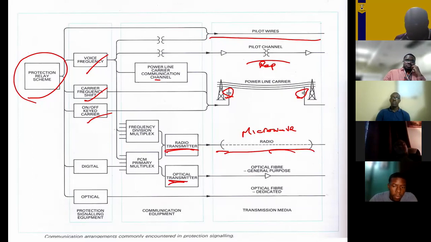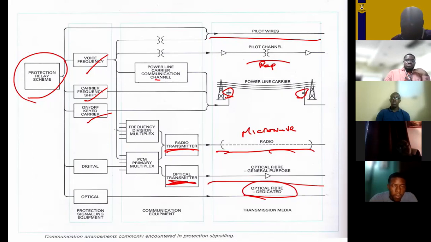So using that, you can then use the optical. I use your fiber, or you can have dedicated fiber for your protection system. Okay. What they now do, as I said, is to rent. But just to zero in on what happens with the power line carrier. All right. For your power line carrier.